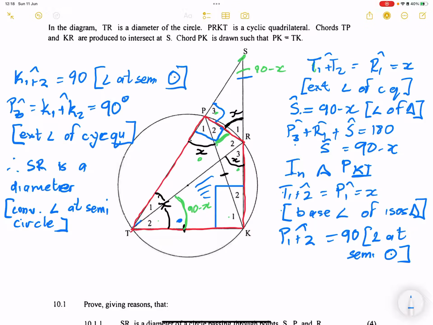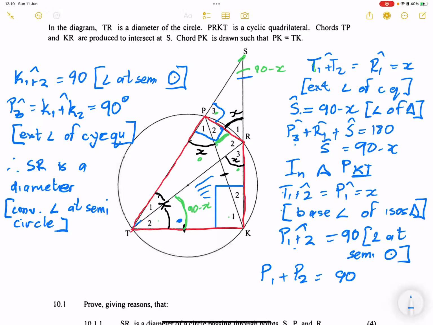Now, think about it. If P1 plus P2 is equal to 90 and P1 is equal to X, what happens to P2? Remember we said P1 plus P2 is equal to 90 degrees.